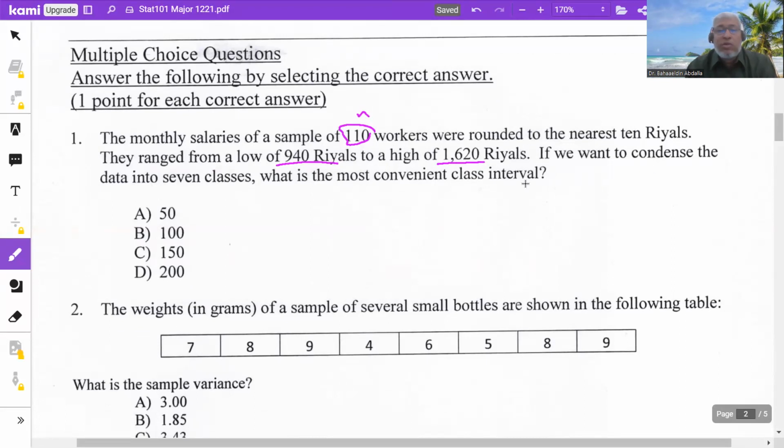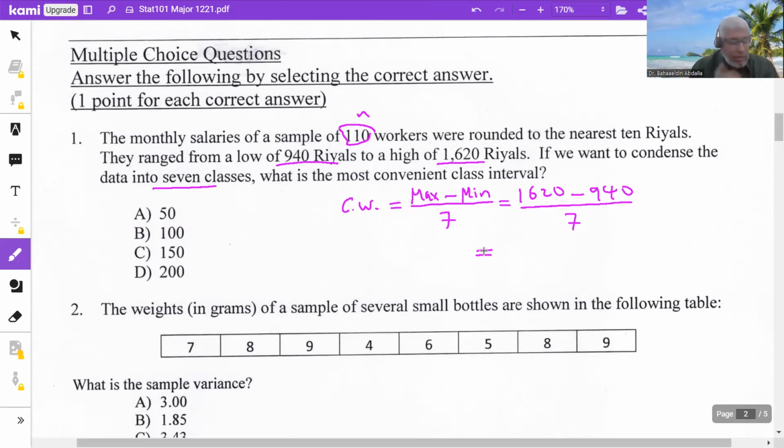If we want to condense the data into 7 classes, so the number of classes is 7, what is the most convenient class interval? The class interval or class width is the maximum value minus the minimum value over the number of classes, which is 7. So the maximum is 1,620 minus 940, over 7.